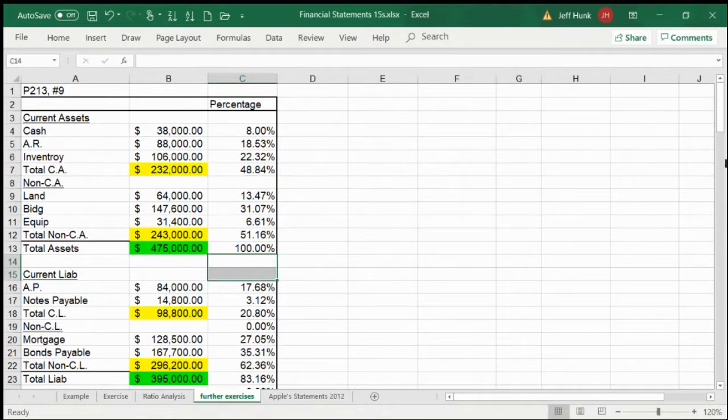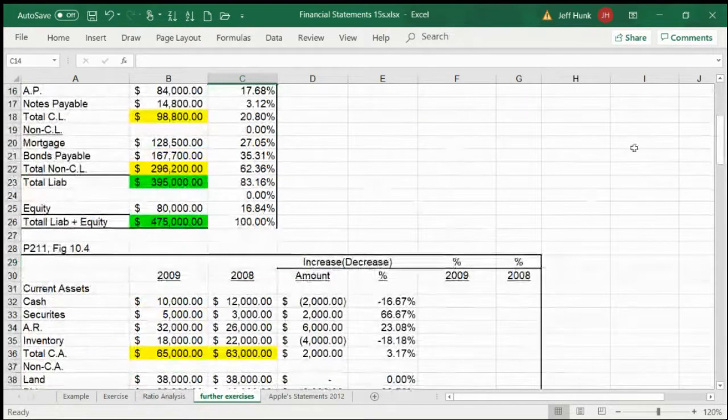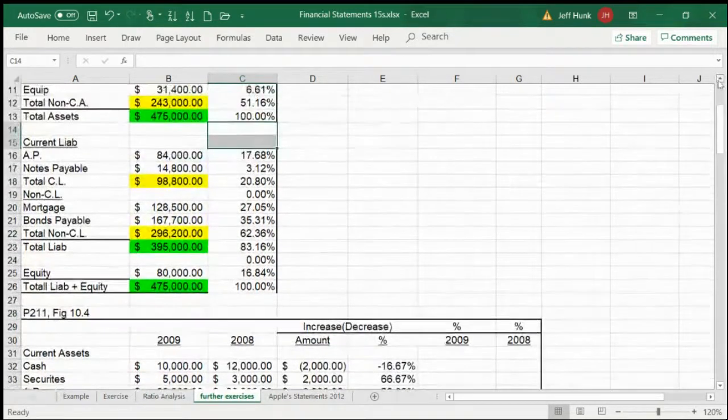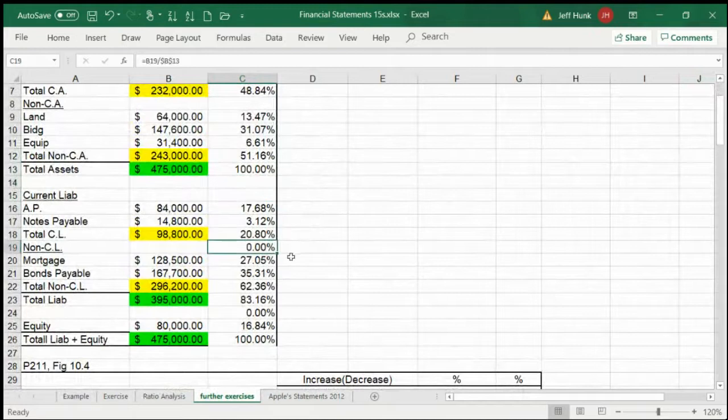Then one thing you need to do is clean up the blank cells that don't have any data. There's nothing there, so you delete. You have to clean up the excess garbage.